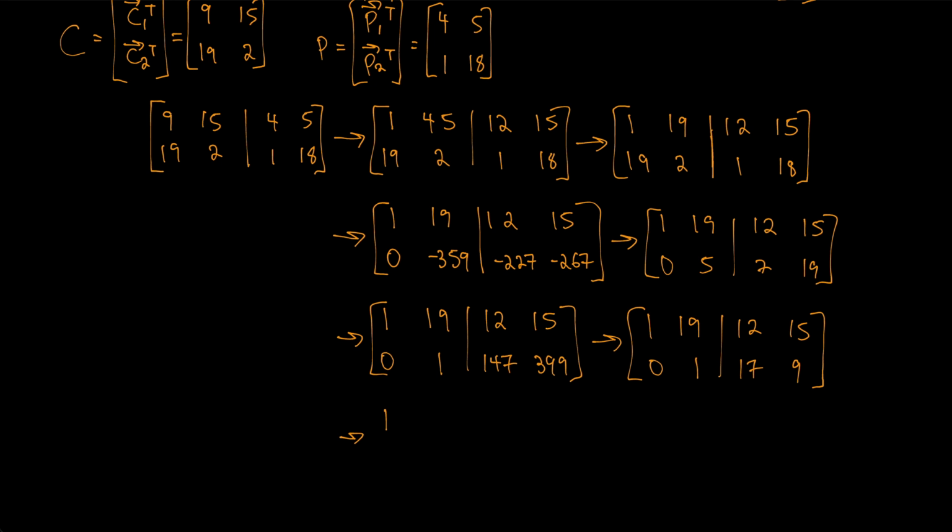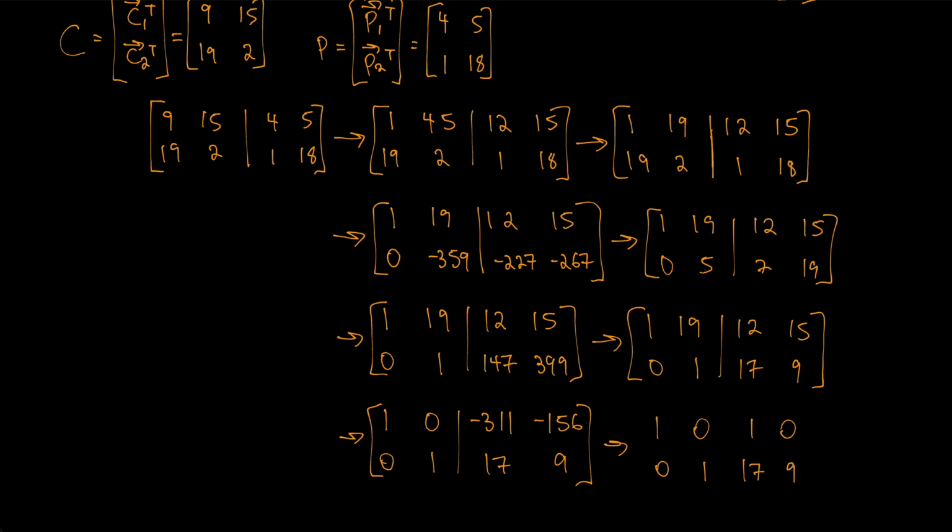So now on the top, I just subtract 19 times the second row from the first to get a 0, and I'll get negative 311, negative 156. On the bottom, 0, 1, 17, 9, and keep going, and reduce. We get 1, 0, 0, 1 on the left, and 1, 0, 17, 9.